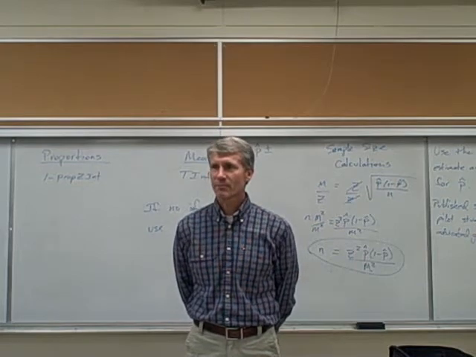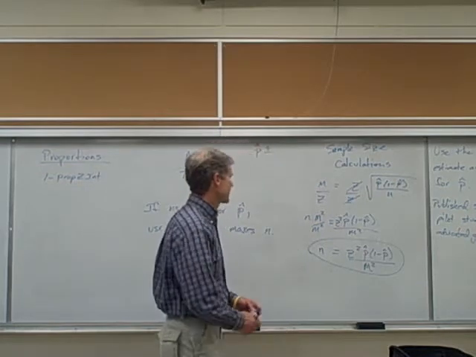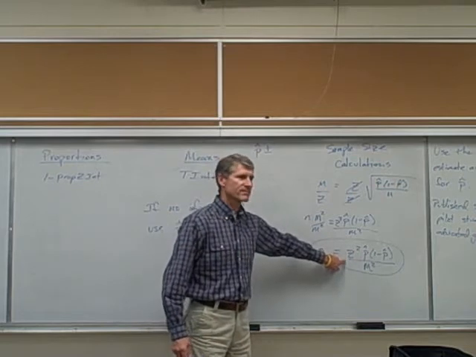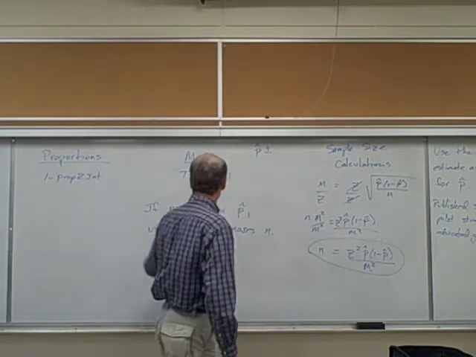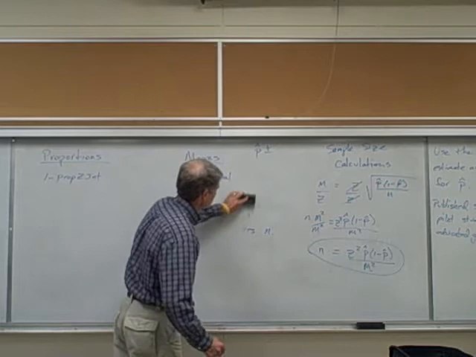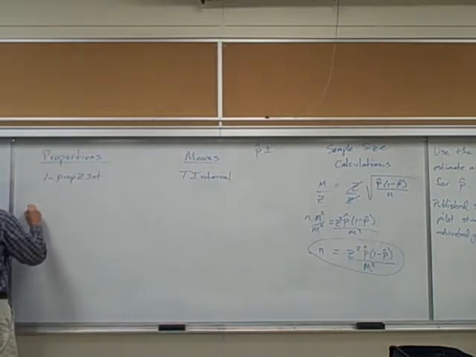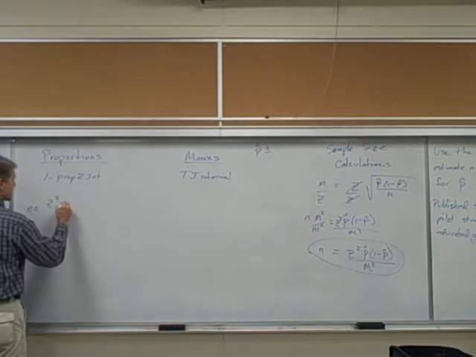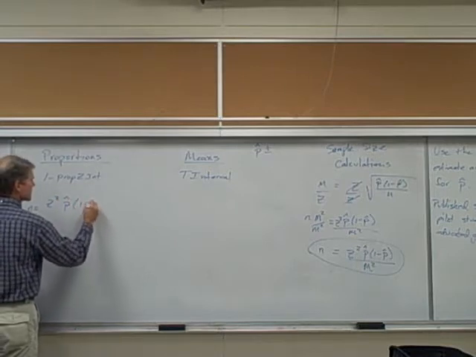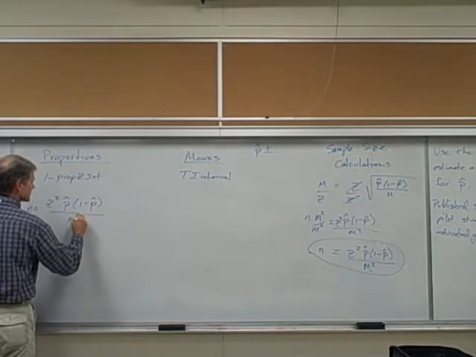That's telling me what I need to use for my Z. So I'm going to put that formula over here under proportions: n equals Z squared times p hat times 1 minus p hat, all over m squared.